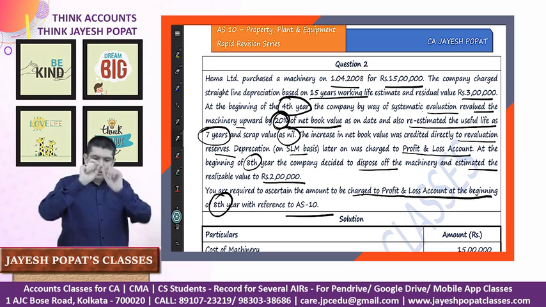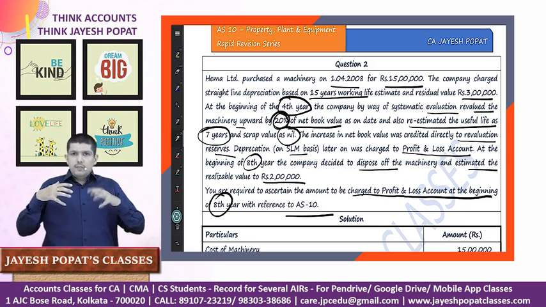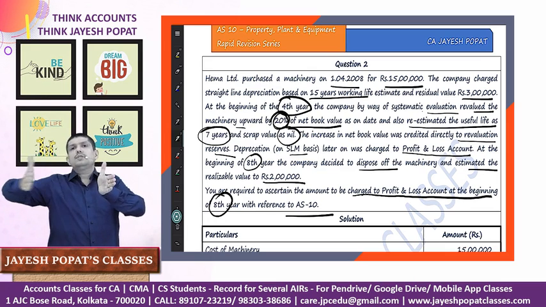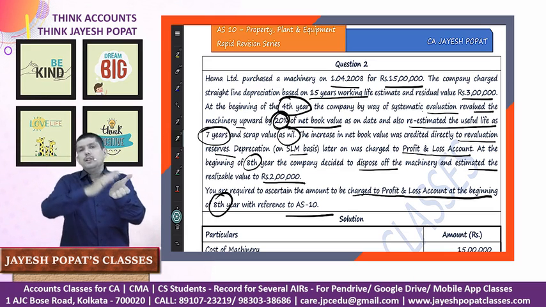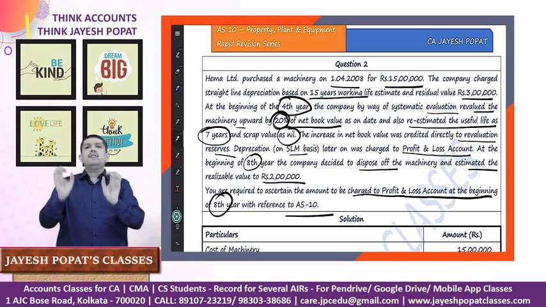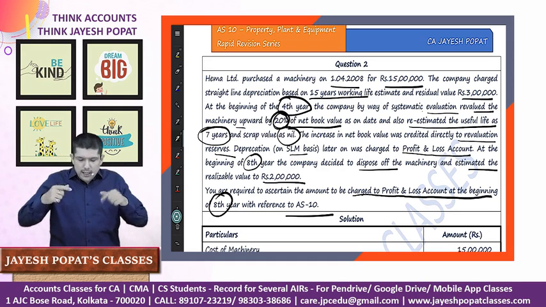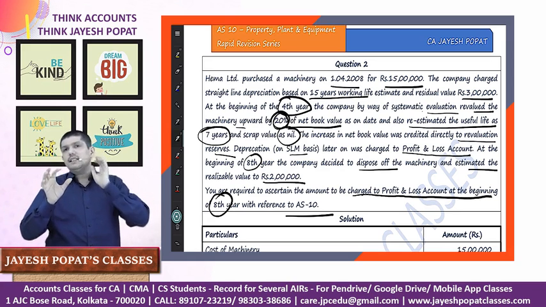See, now there could be two aspects. First, we could assume that after the 3rd year, the remaining useful life is 7 years. So till 3 years you have used it, you will use it for another 7 years, and effectively the total useful life becomes 10 years. There could be another assumption as well, that the total life of the asset is 7 years.